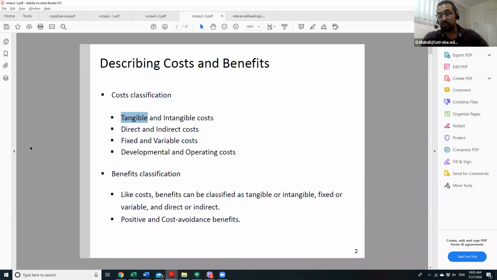You need to hire someone, or gain an employee who is a specialist. This is what we call operating cost. The benefits classification is exactly the same as the cost classification: benefits can be classified into tangible or intangible, or fixed or variable as well.